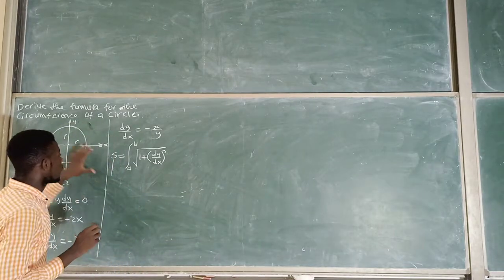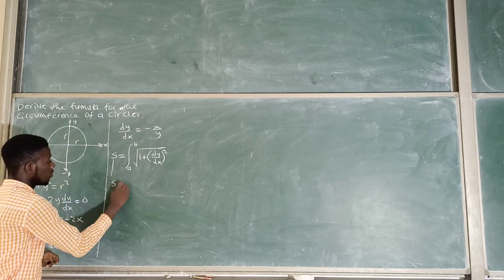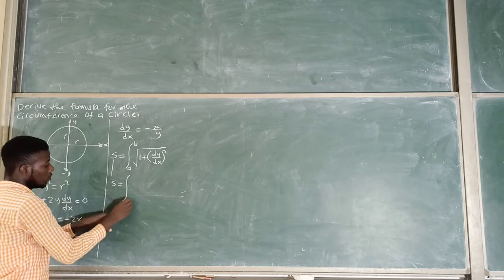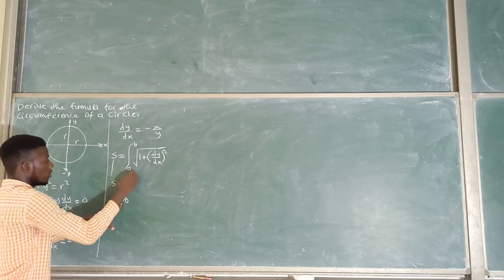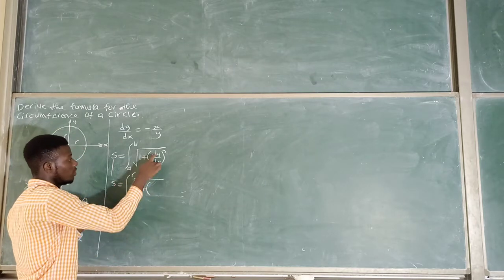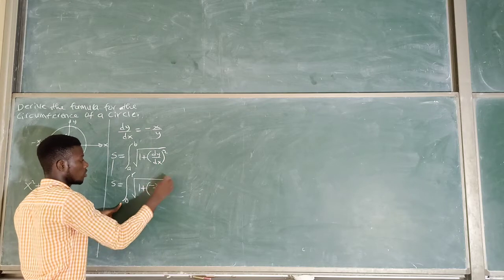So to find the arc length of this particular curve, we have s is equal to the integral, our a now is 0, because we're coming from 0 to some point r, of the square root of 1 plus. So our dy by dx is already negative x over y, all squared.